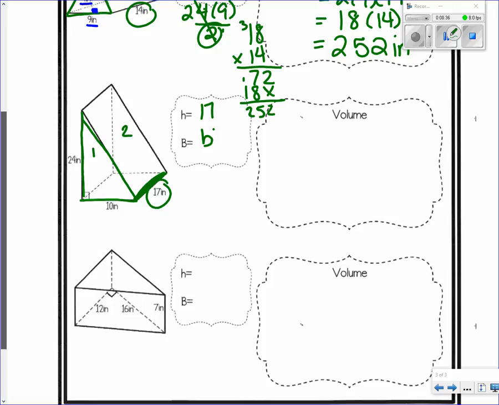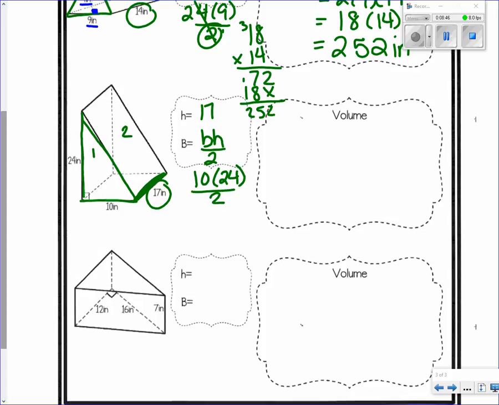So again, it's base times height divided by 2. So my base is 10, my height is 24, going to divide it by 2. Now 2 will go into both of these numbers, so it doesn't matter which one you cancel with. So I'm going to go with the 10 and do 5 and 24. So volume equals big B times H. My big B, I simplified it to 5 and 24, and then times my 17.